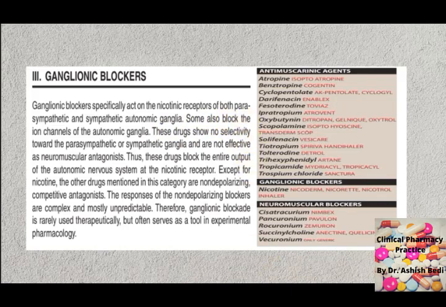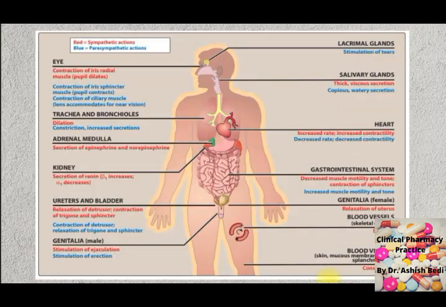So here we see how nicotine blocks finally. First it will activate sympathetic and parasympathetic, then ganglionic blockade and neuromuscular blockade. So these are all the actions to understand what nicotine will be doing if toxicity happens with nicotine.